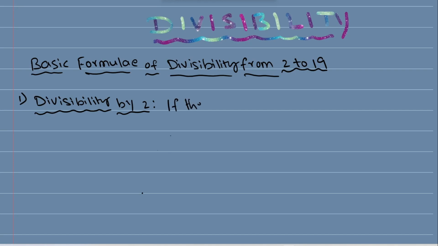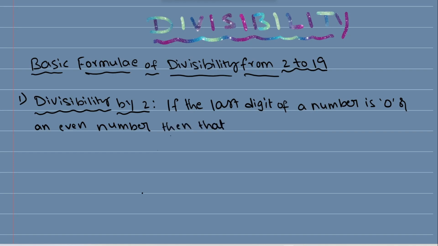If the last digit of a number is 0 or an even number, then that number is divisible by 2.